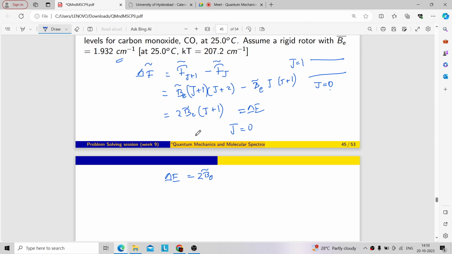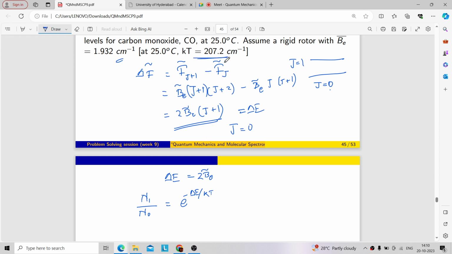Now the number of particles in excited state or J equal to 1 state divided by the number of particles in the ground state or J equal to 0 state, this will be given by this Boltzmann distribution, e to the power minus delta E over kT, where k is Boltzmann constant. So delta E we have, and kT at this temperature is given.